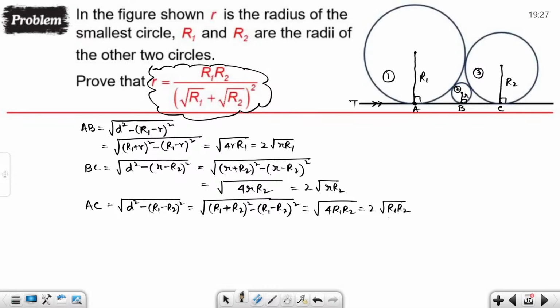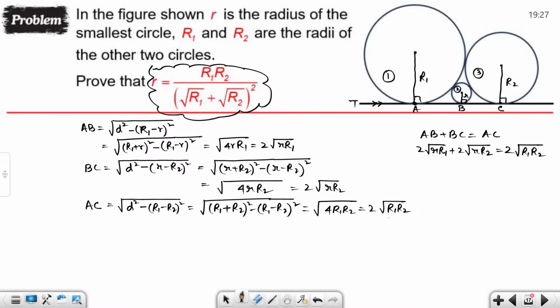Now from the figure we can easily see that your AB plus BC gives us AC. What is your AB? It is 2 root r into r1. BC is 2 root r into r2, and AC is 2 times root r1 into r2.